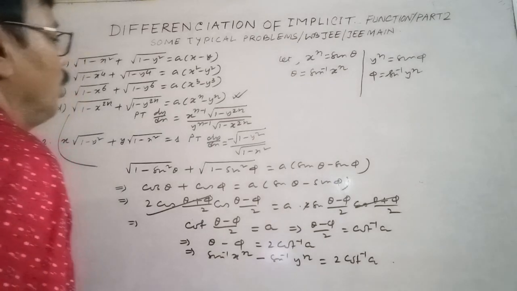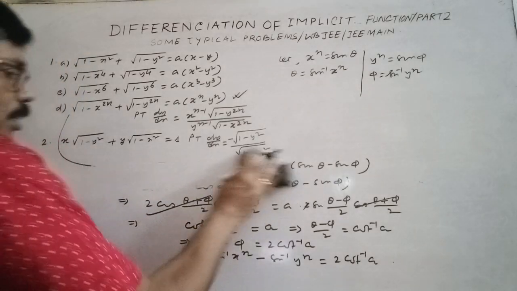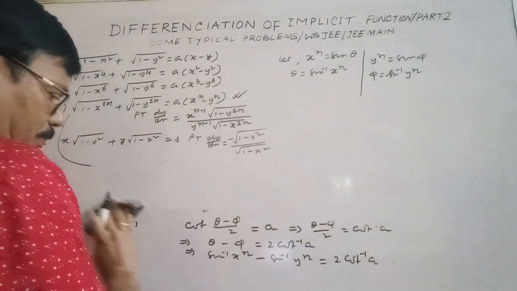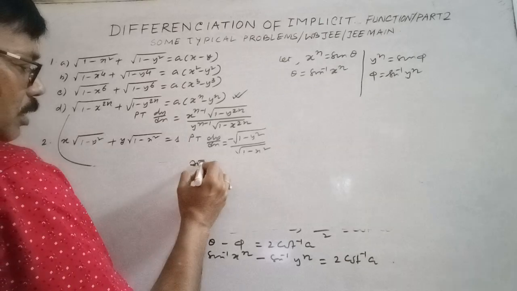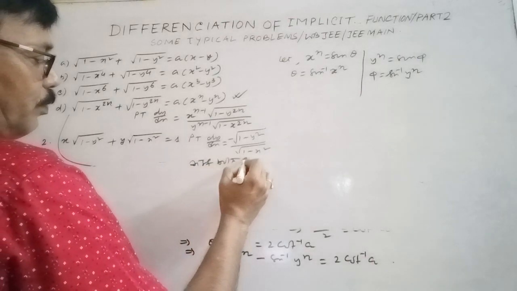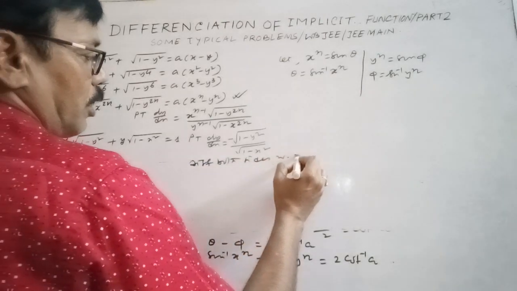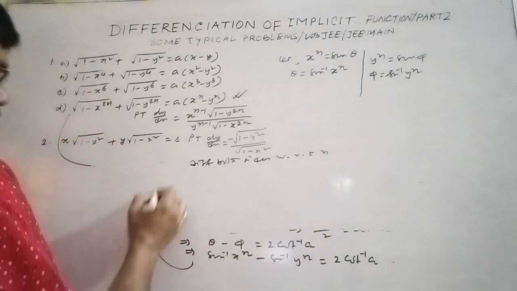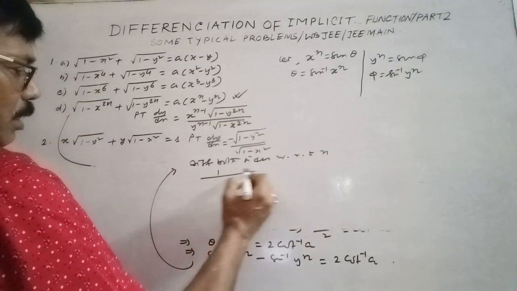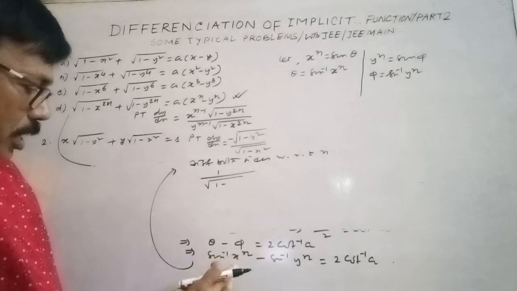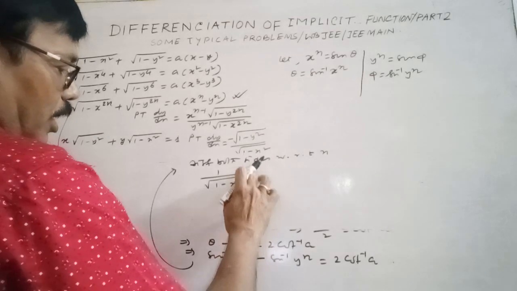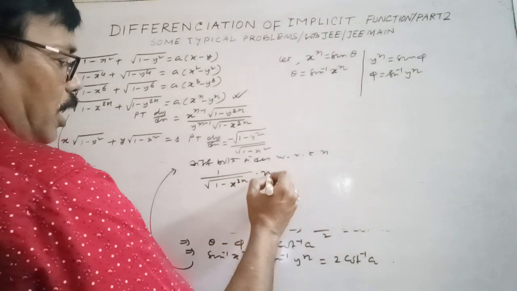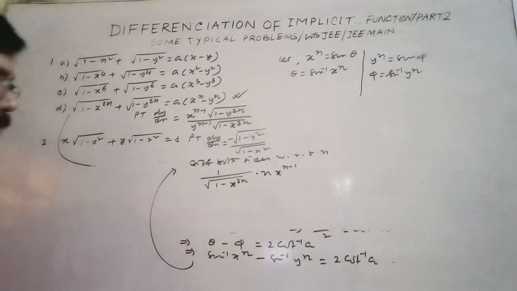So now you find the differentiation. Differentiating both sides with respect to x by function of function: for sine inverse, 1 over root of (1 minus x to the power 2n) into d/dx of x to the power n, that is n into x to the power n minus 1.